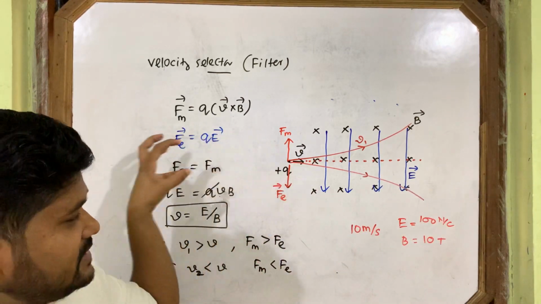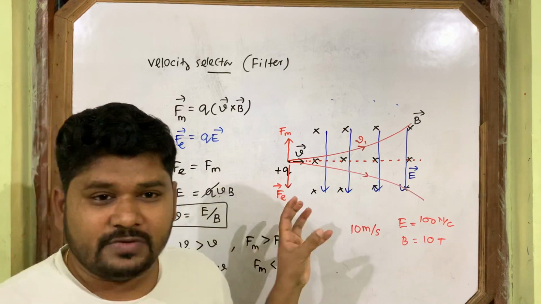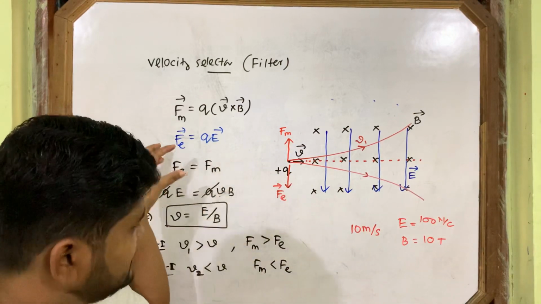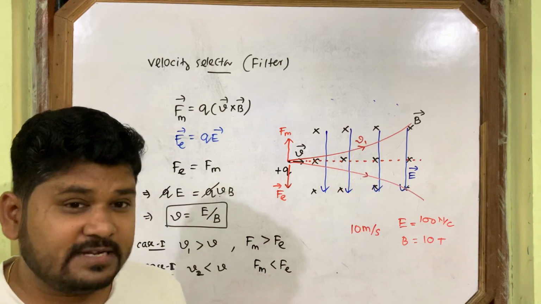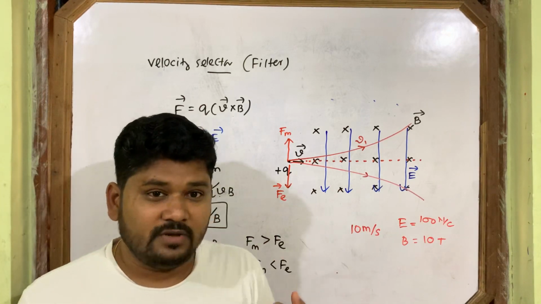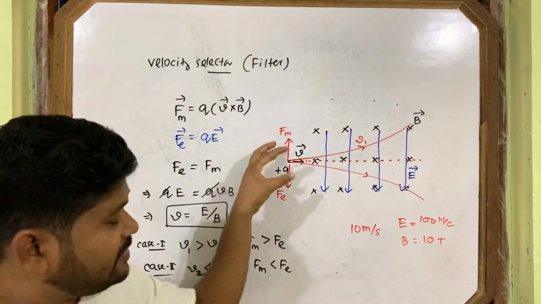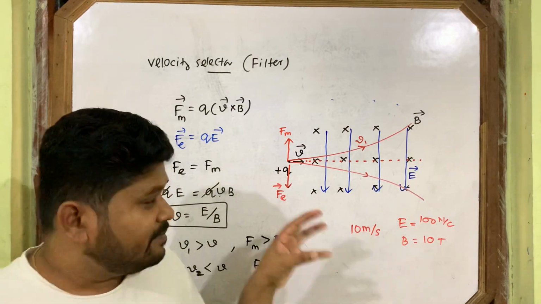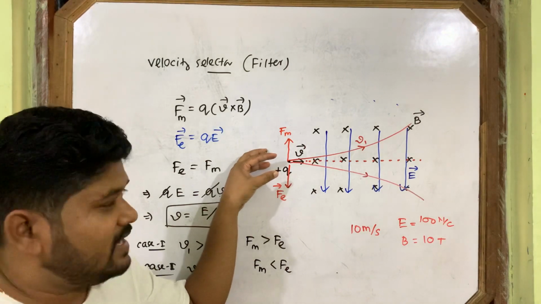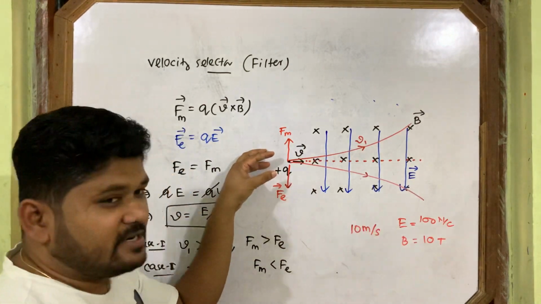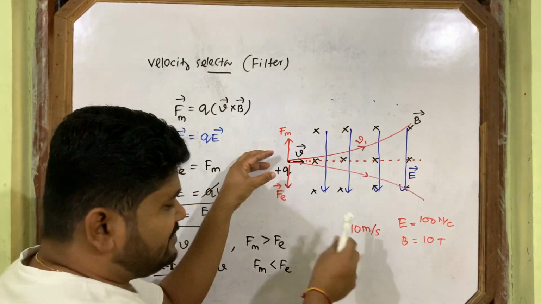Okay, you need a particle of speed 10 meter per second. Many particles are produced by some device and are coming now, but you don't know which particle is coming at a speed of 10 meter per second. You know many particles are coming with different velocities. But when the particles come into this situation, as this ratio E by B is 10 meter per second, the undeflected velocity is 10 meter per second.